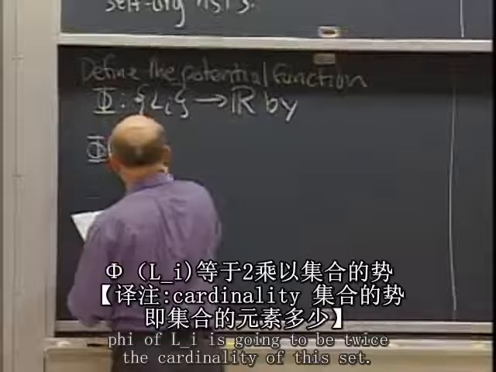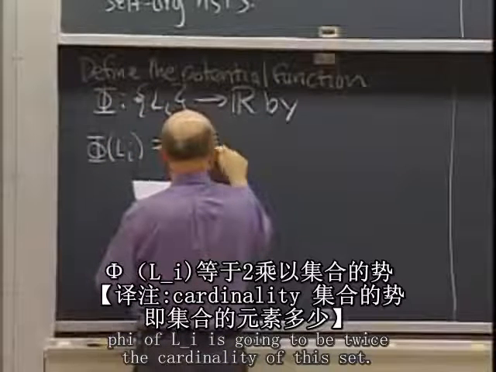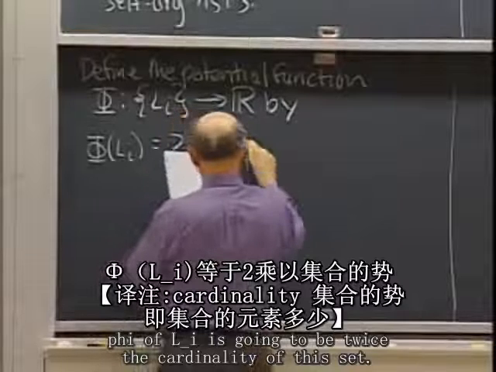Phi of L sub I is going to be twice the cardinality of this set.